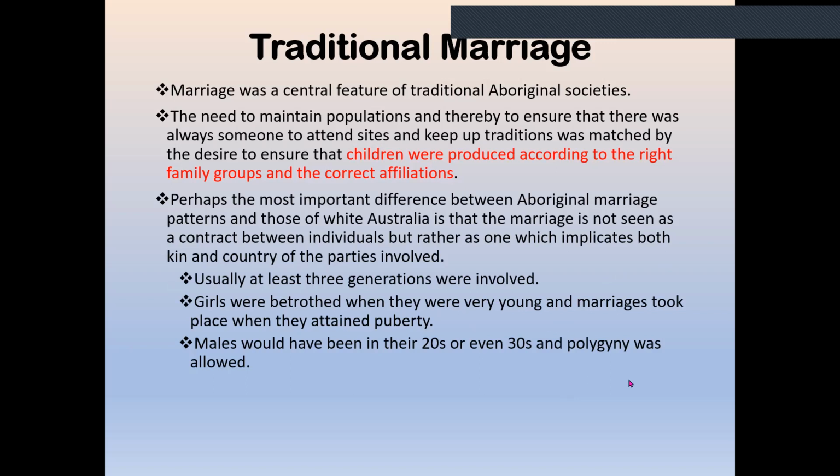Males had to be in their 20s or 30s, and polygyny was allowed, so they had more than one wife. And divorce was by agreement of the couple and indicated by living apart. So there were no family law courts.